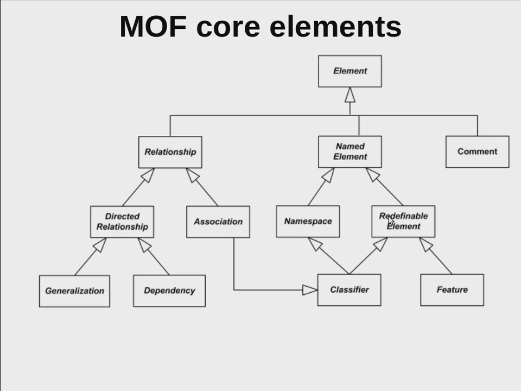So a feature is some redefinable element you can add to the class. Of course, you can see here that every class here except comment is abstract. So that means you need to go into more detail to see how it is organized deeper, down to concrete classes. But if you look at the general picture here, then this is UML described using one single class diagram, which is UML itself.